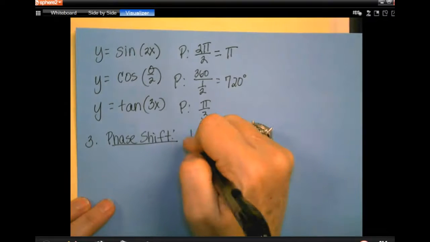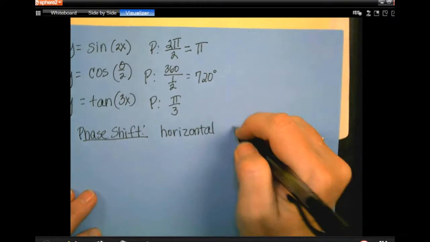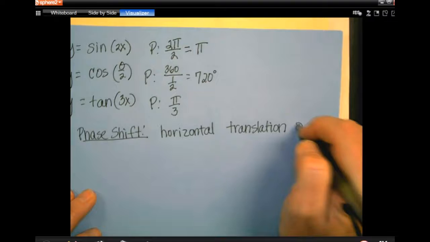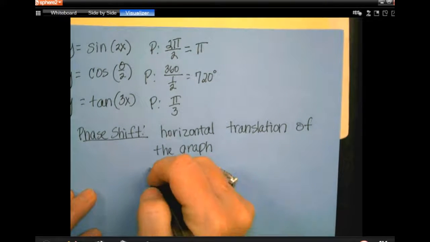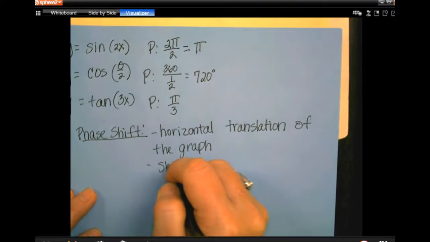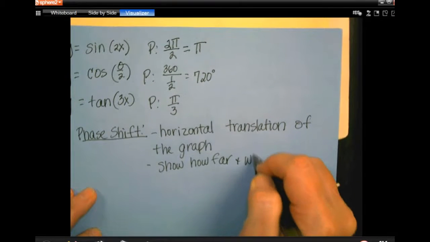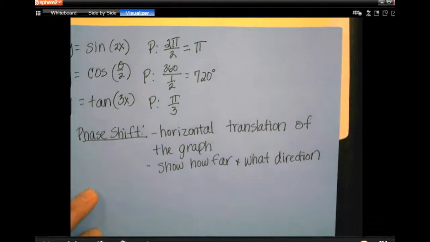So it's the horizontal translation. So this will tell you how far in what direction, right? It's going to tell you how far to move it and whether I go to the right or to the left.